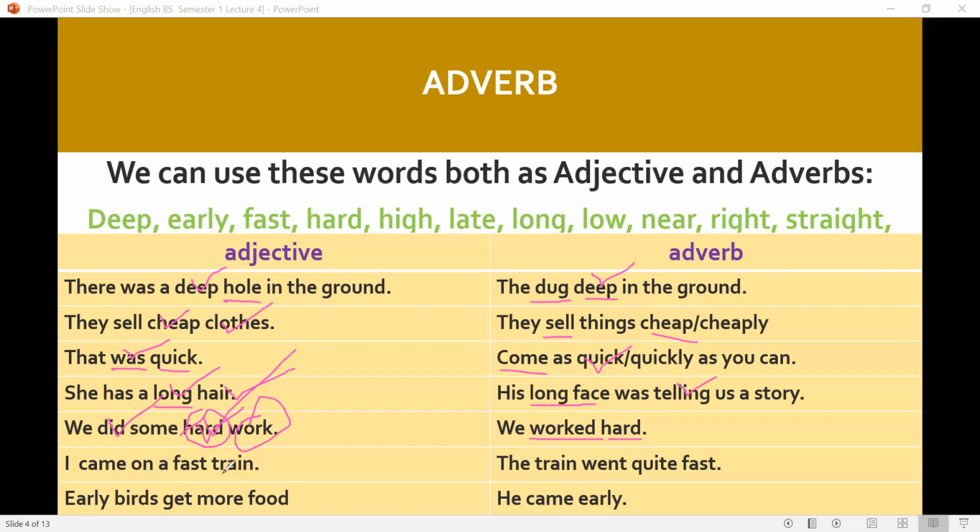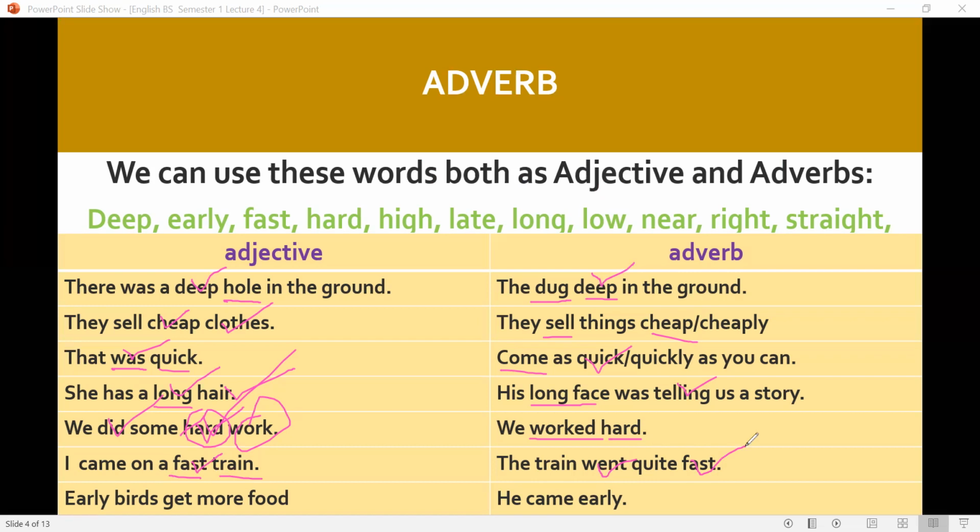I came on a fast train. Fast and train. Train, noun; fast explaining the noun. So here it is an adjective. The train was quite fast. Quite fast comes with went, the verb. So here it is an adverb.